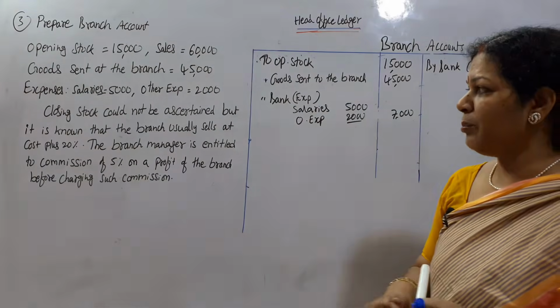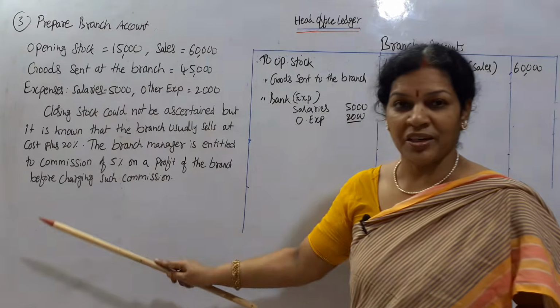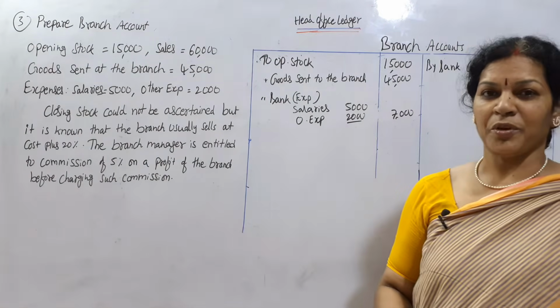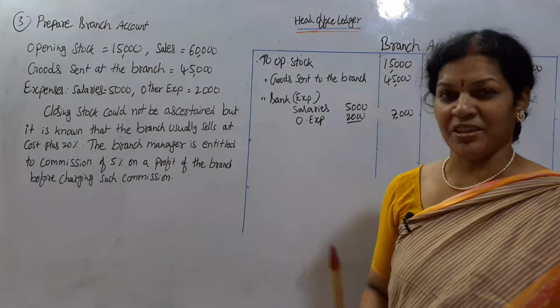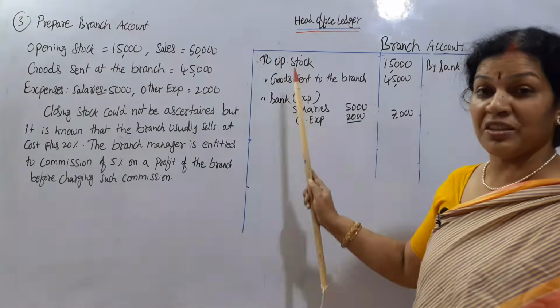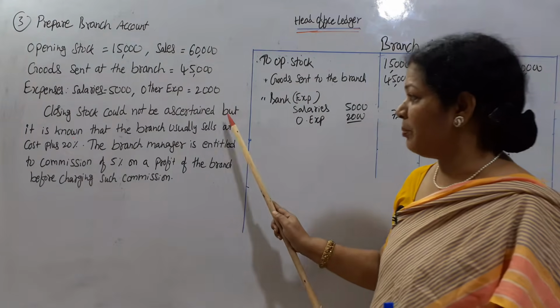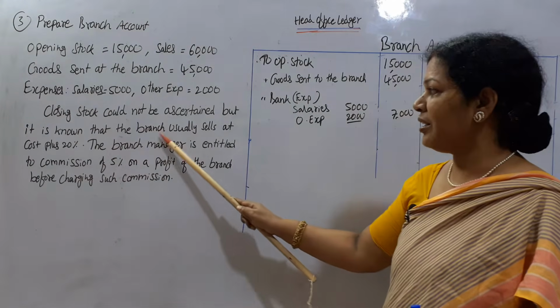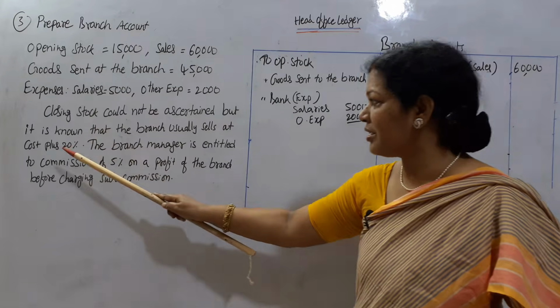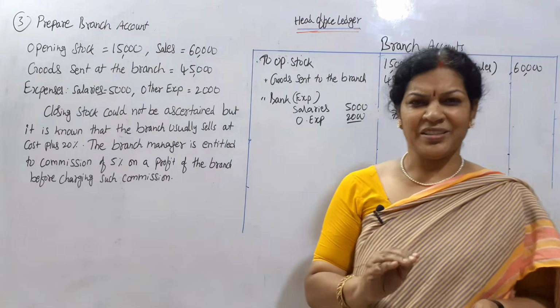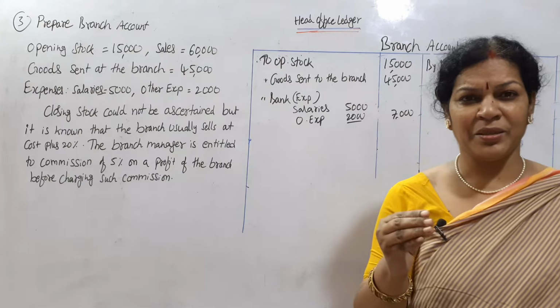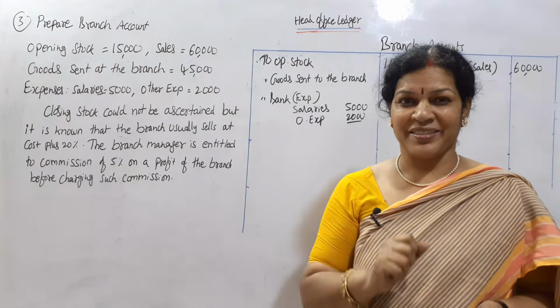Now the important thing is that you must understand this paragraph. Problem is over. Now what are they saying? Closing stock could not be ascertained. Opening stock is given, closing stock could not be ascertained, but it is known that the branch usually sells at cost plus 20%. In consignment also we have done invoice price, cost plus.